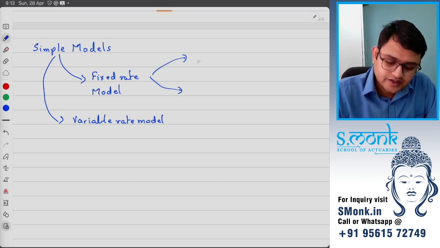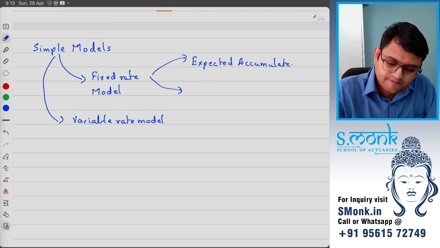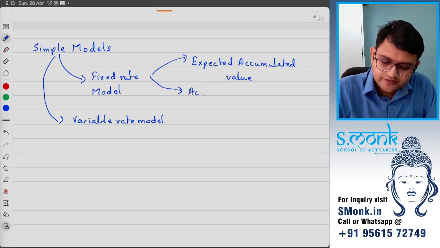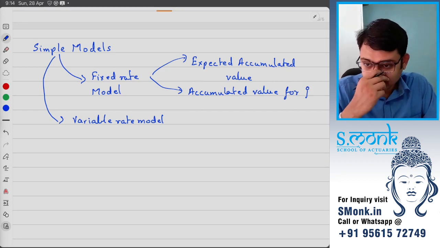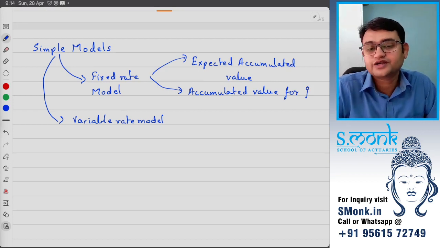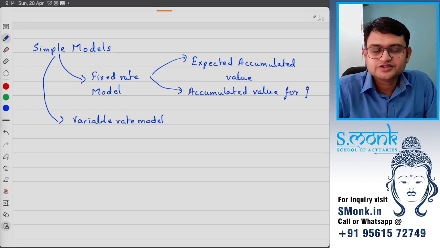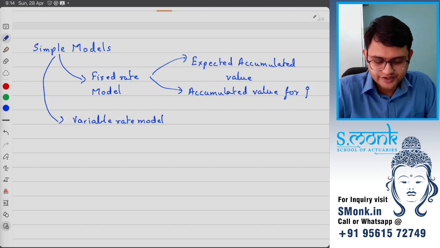We said either find the expected accumulated amount or find the accumulated value for J, that was expected rate of interest or mean rate of interest. These were the two ways we calculated the accumulated amount for the fixed rate model.